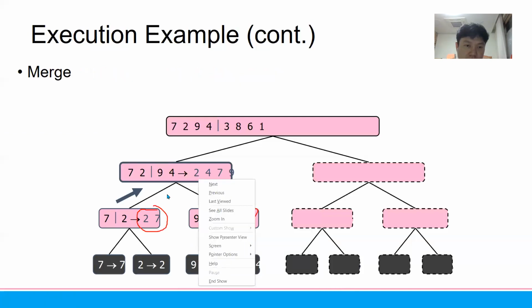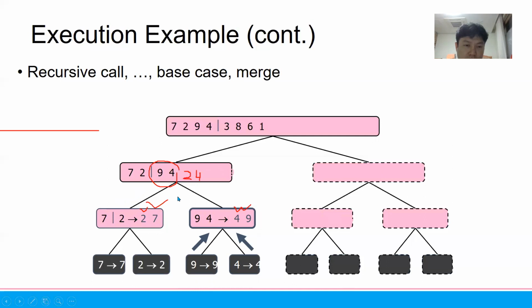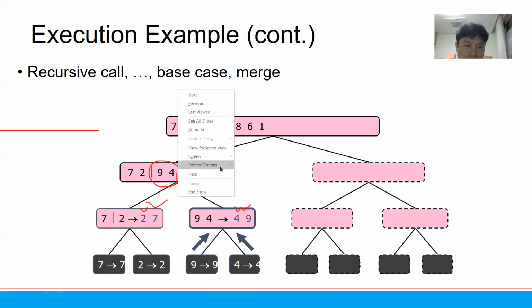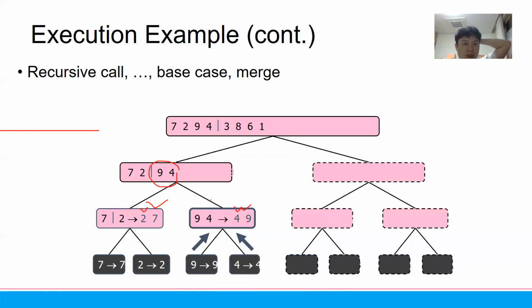In this case, we do not do the result because it is only from the bottom 2 and 7, and then 4 and 9.